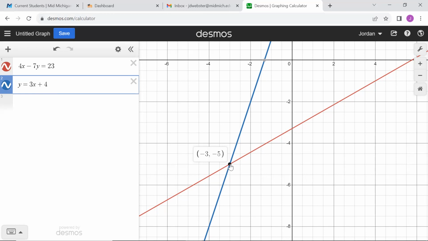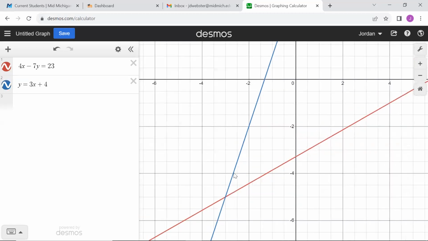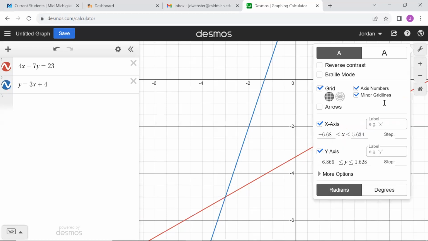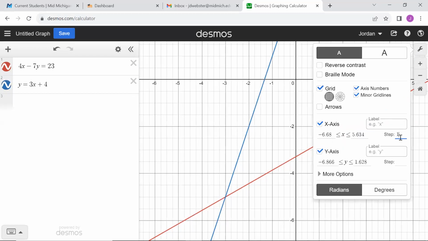Again, where I'm getting (-3, -5) is from the x value and the y value. As you can see, that would be a -1, -2, -3. That might be hard to see a little bit, so you can change your graph settings up there. Let me do steps of size 1.